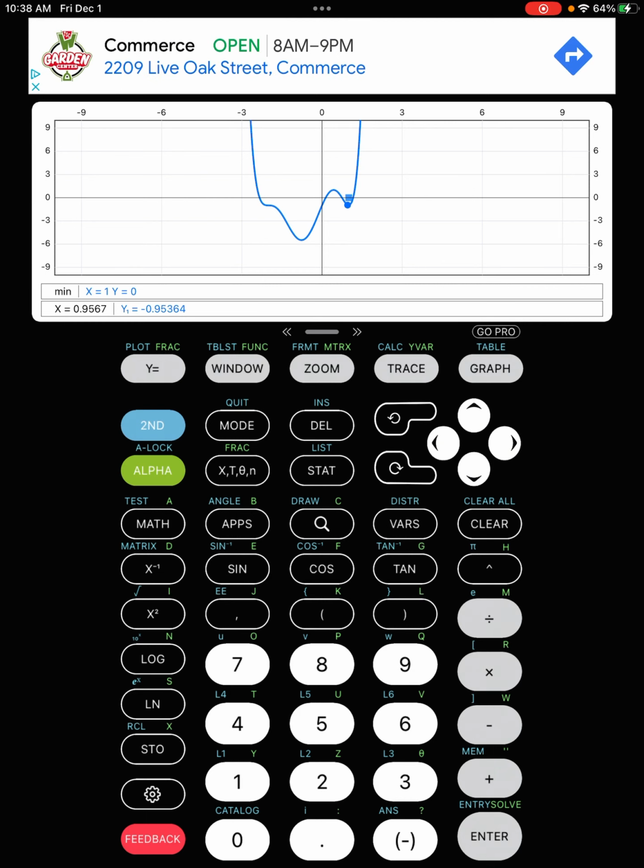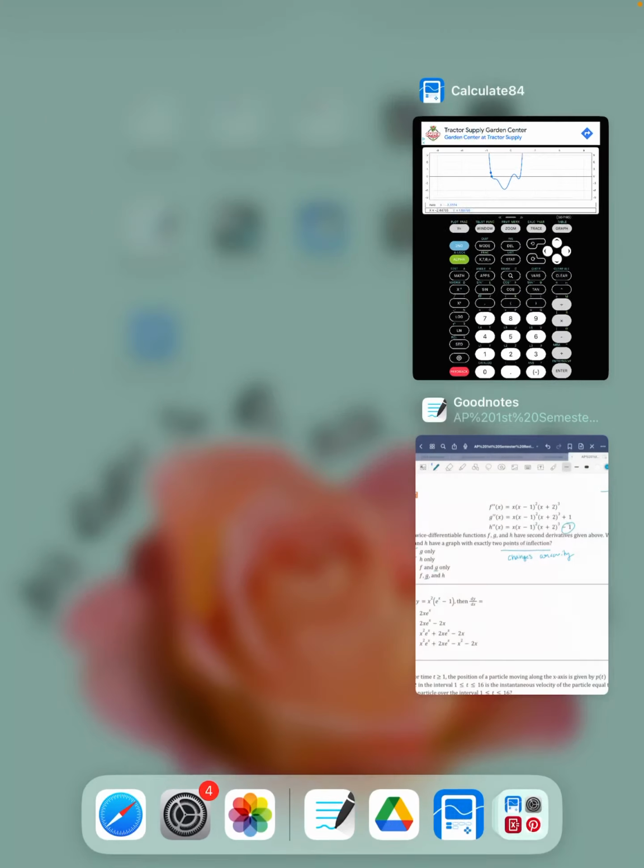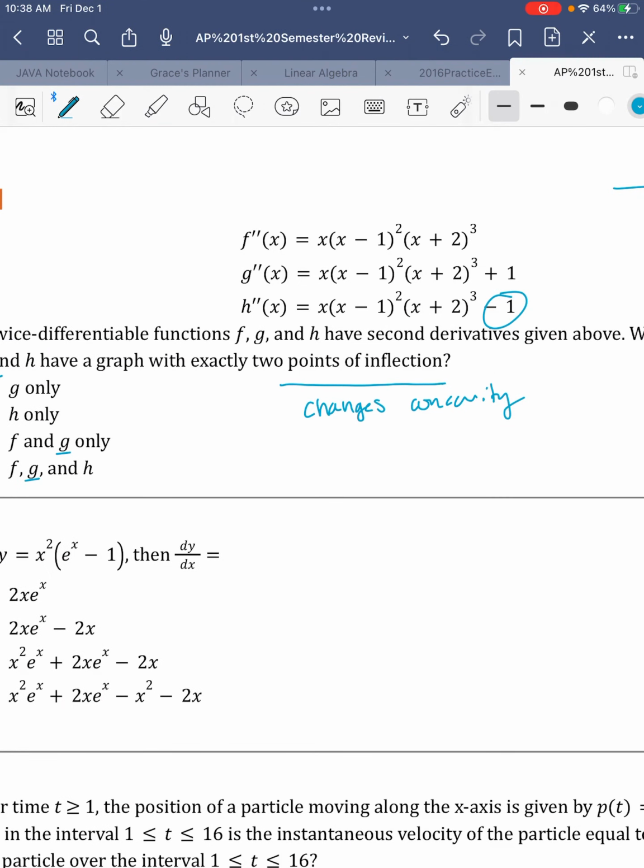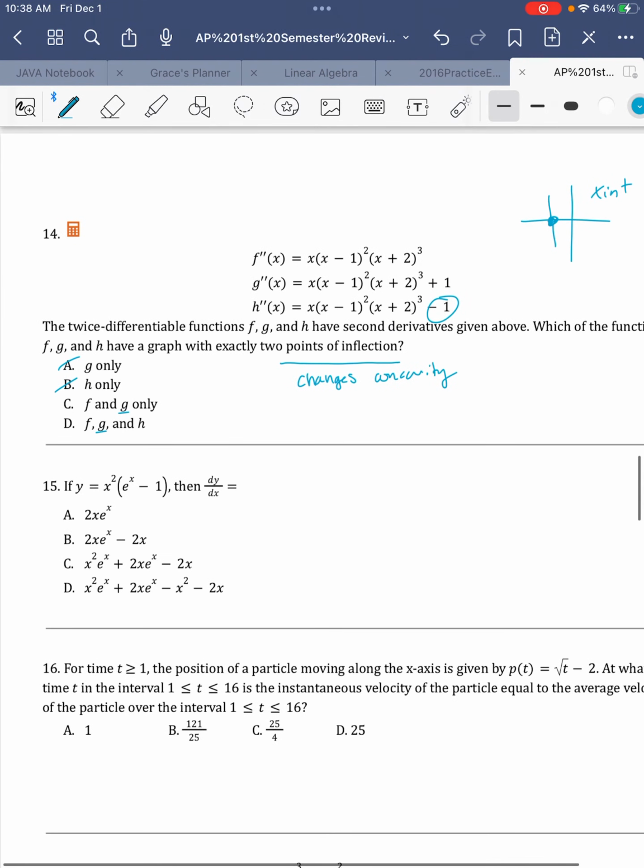And then I'm going to come back to my graph, and I'm going to look again and see how many times does my line cross the x-axis. So there's 1, 2, 3, and 4 different times that it crosses through the x-axis. So H has 4 points of inflection, not 2.